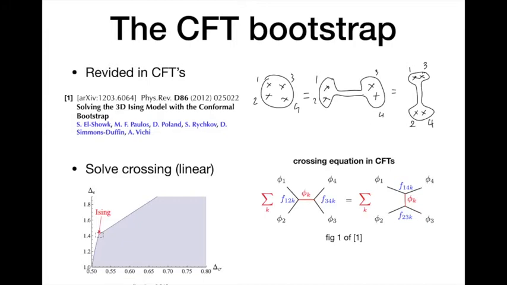What's known nowadays as the CFT bootstrap was revived in that paper. It was realized that it's an extremely efficient numerical method to determine the spectrum of CFTs, to determine CFTs in general. It's based on solving a simple linear constraint, the constraint of crossing symmetry.